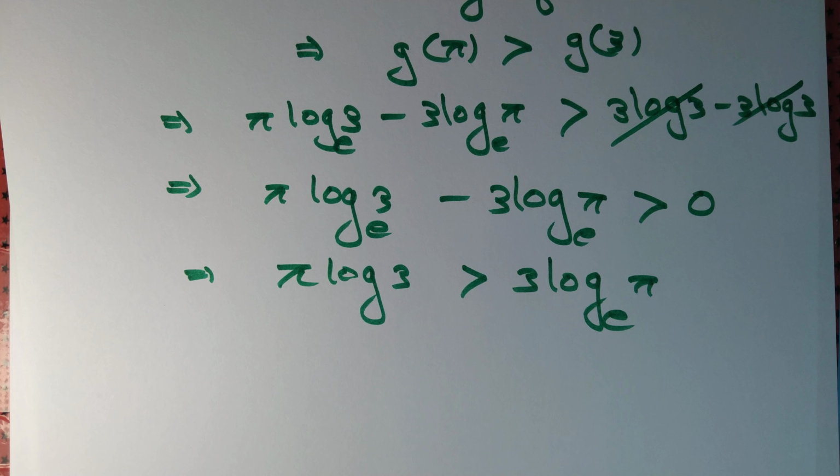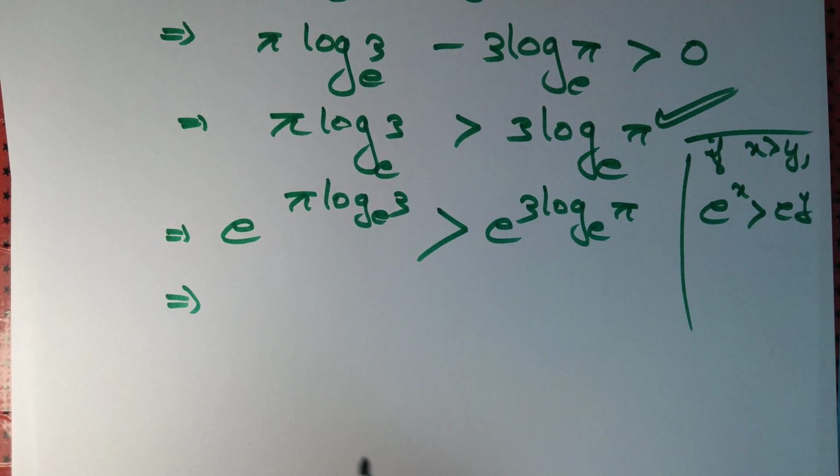So just apply that result. Since pi times log 3 is greater than 3 times log pi, e to the power pi times log 3 is greater than e to the power 3 times log pi. Of course, our work is done by this step. We are able to conclude with calculus that 3 to the power pi is greater than pi to the power 3.